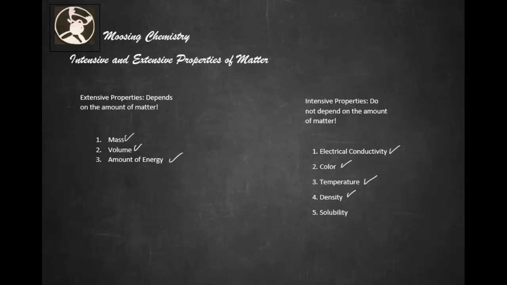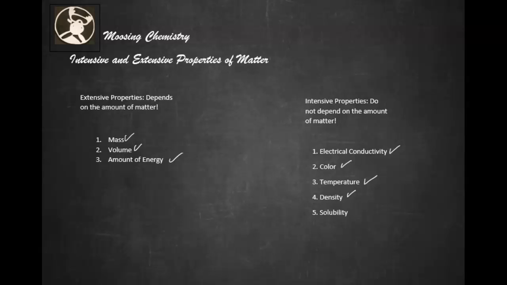Last but not least, solubility. If you had one salt crystal, then you had like 1,000 salt crystals, which one's going to dissolve better in a substance? Well, salt will dissolve with different amounts of fluid to put them in.